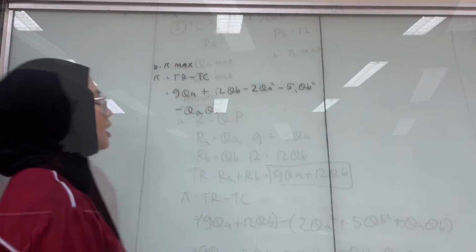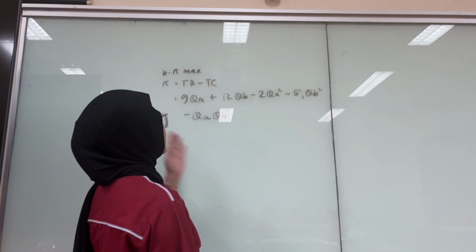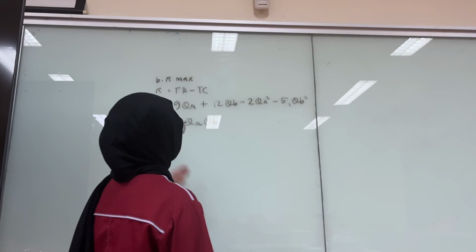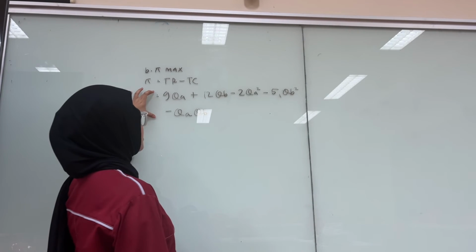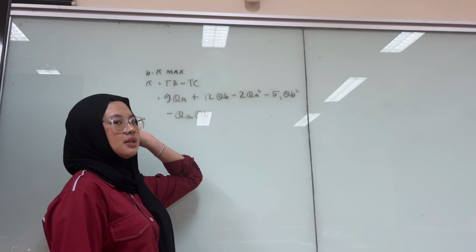Okay, now we move to the B question. The B question is about Pmax, or profit maximum, and we have this function from TR minus TC.